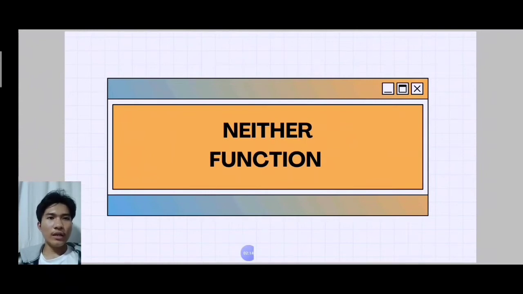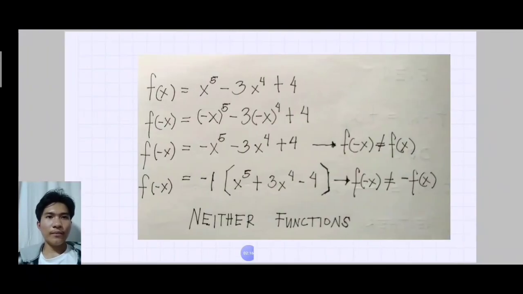Example 3, neither function. F of x is equal to x to the power of 5 minus 3x to the power of 4 plus 4. So let it be negative x. Negative x to the power of 5: we multiply the negative x by 5 times, so the answer is negative x to the power of 5 minus 3.